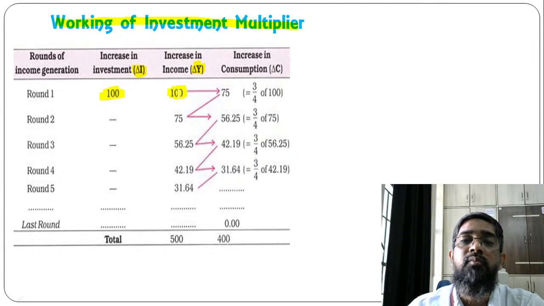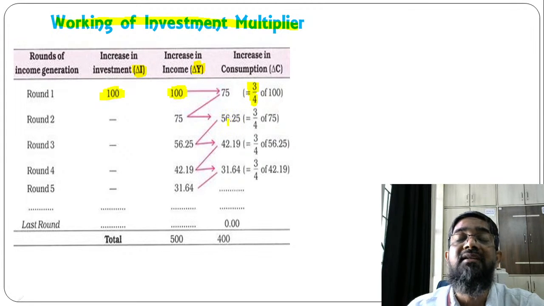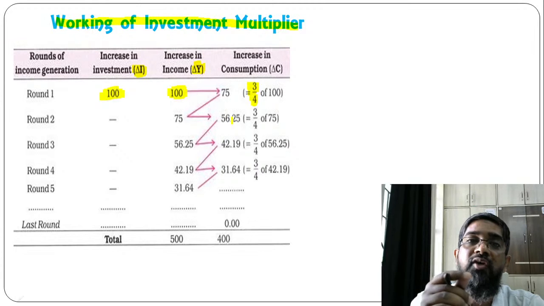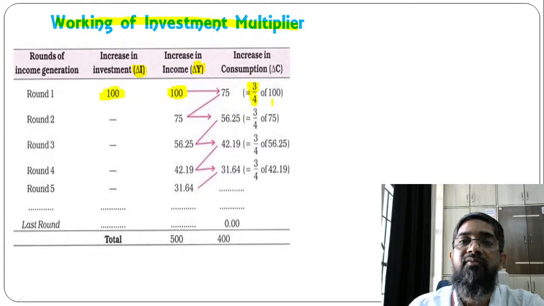But assuming MPC equal to 3 by 4, which means 0.75, that means 75% of increased income is consumed, 25% is saved. So 3 by 4 of 100, how much?